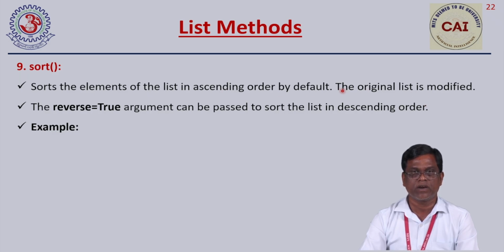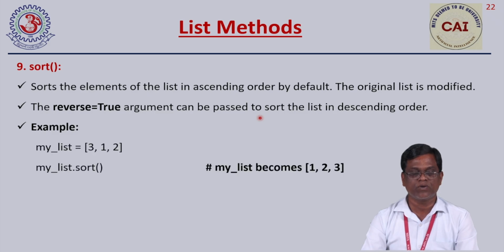That means after sorting, the original list values are modified. If you want to sort your values in descending order, I can use the additional parameter reverse equal to True, so that the list will be sorted in descending order. And here is the example to understand it.